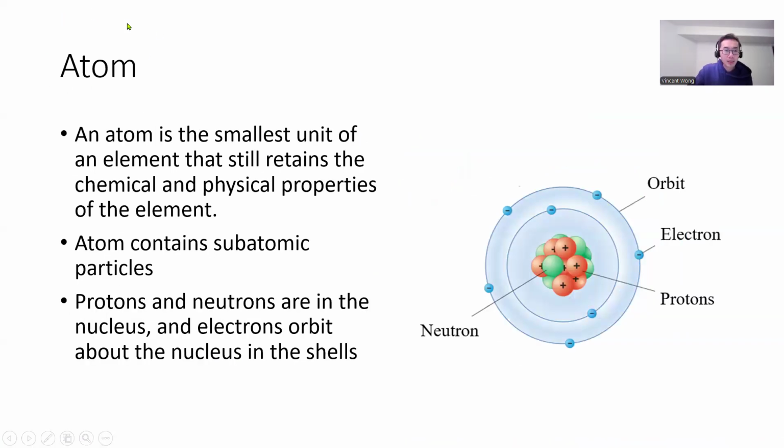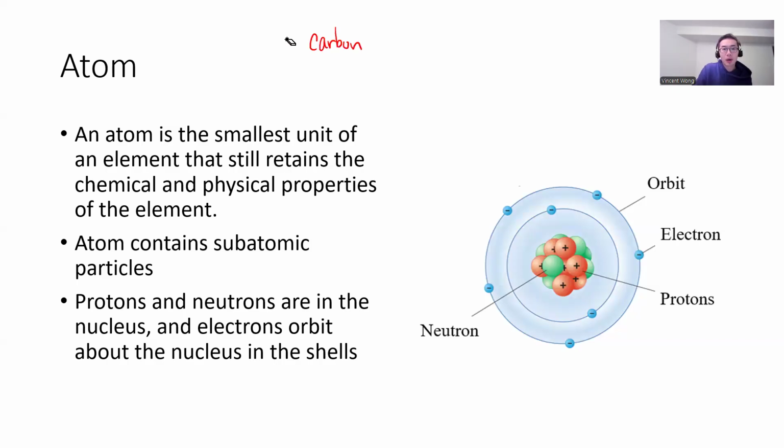Now, atoms, if you remember the hierarchy of organization that we talked about in lecture one, atoms are the basic building blocks of everything that exists. Okay? They are the smallest unit of an element, and it will have the same chemical and physical property as the element. So let's say we look at the element carbon.